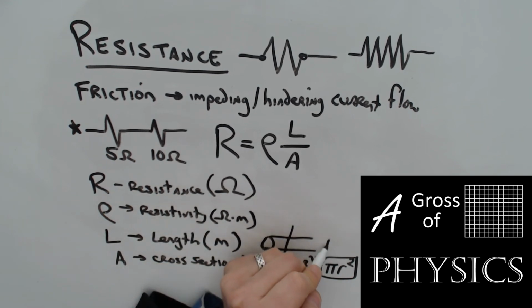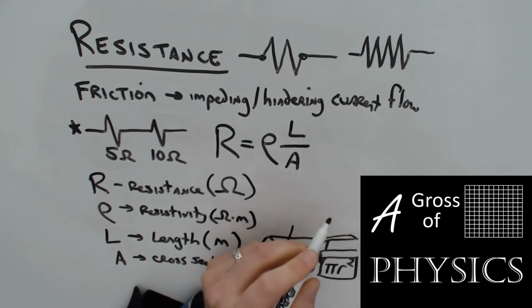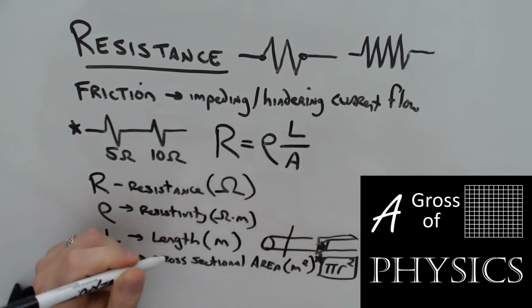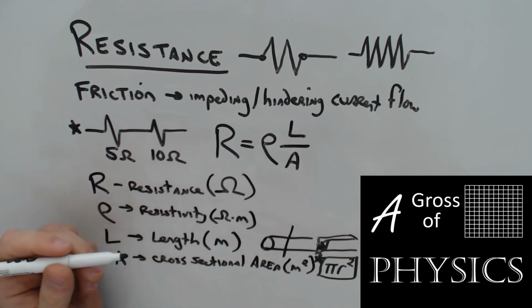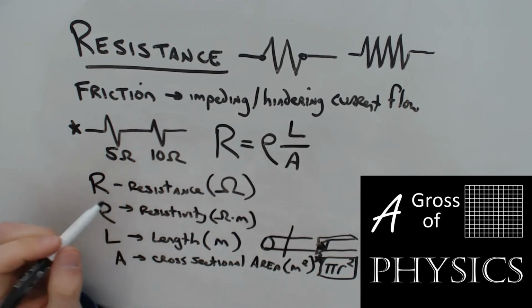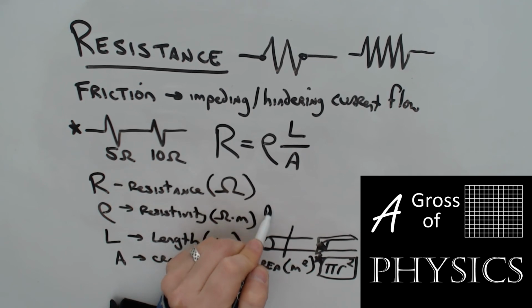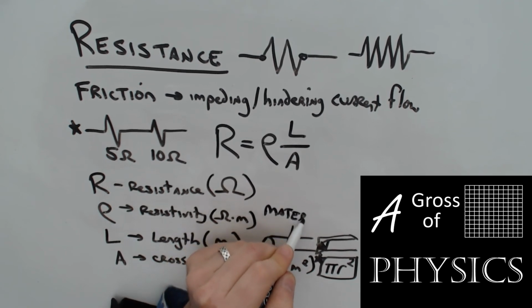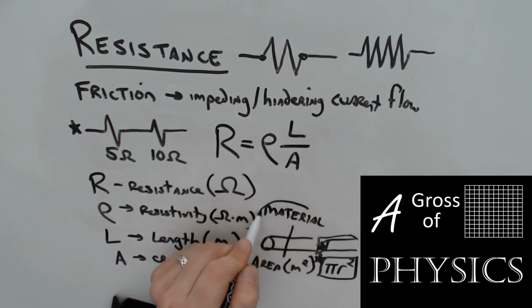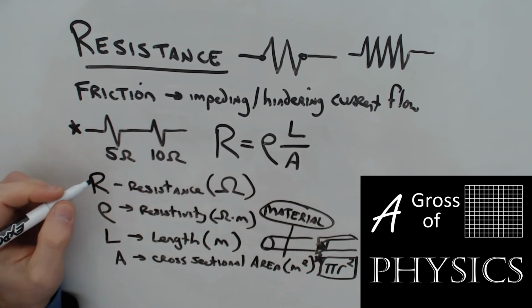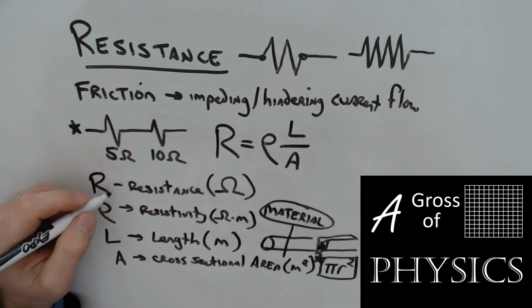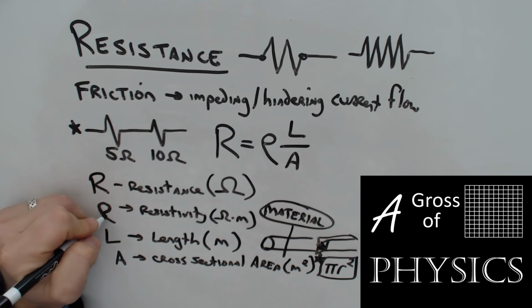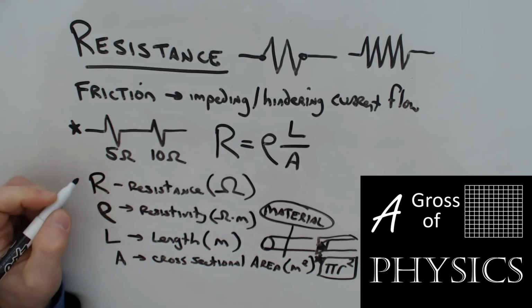There could be problems with wires that are not cylindrical in shape, but it could be base times height, or it could be a square or something like that. Now, resistivity is based on the material. It is how resistant a material can be. So certain objects have higher values for resistivity.